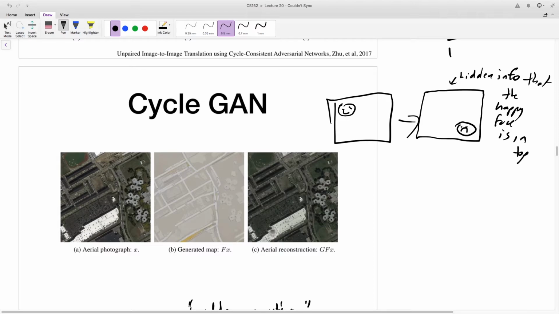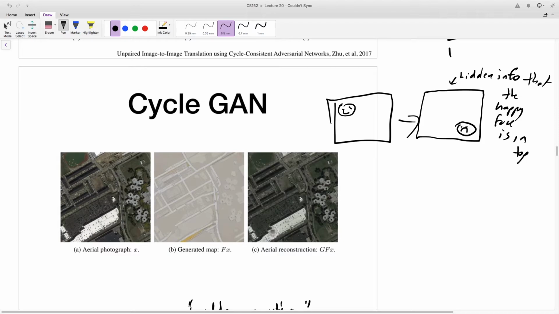From horse to zebra, zebra to horse, it could keep it in the same place. It could move it someplace else. Maybe it moves it to the bottom left, and then hides information that says it should go back to bottom right. Certainly possible. Do you have a question?